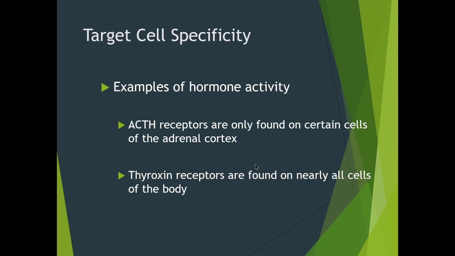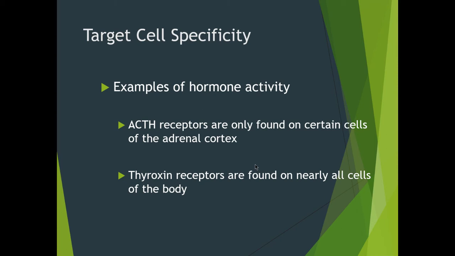So even though the hormone circulates with blood and goes everywhere to your heart, your lungs, your liver, they ignore it. The only cells that have receptors, and so the only cells that respond to this, are on the adrenal cortex. So ACTH has a very narrow effect.